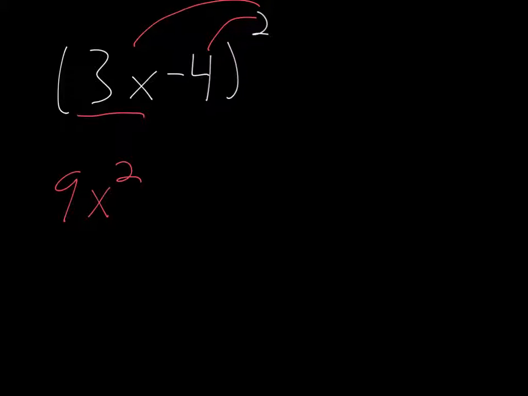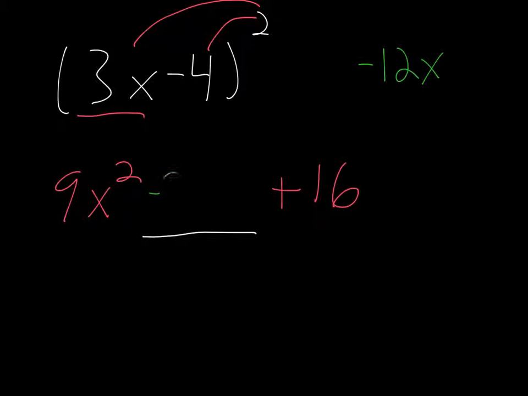And when I take negative 4 and I square it, it becomes positive 16. Remember, when you square something, it always is positive. Now to come up with this term that we're missing in the middle, I got to take my 3x times negative 4. So 3x times negative 4 is negative 12x. And I got to take that answer and double it to negative 24x. And that's my answer.